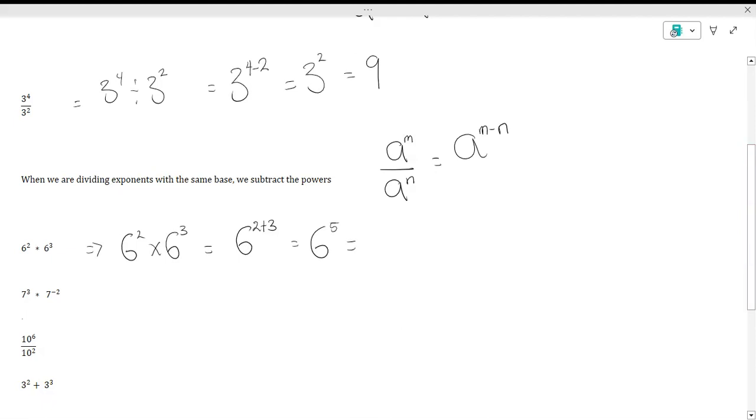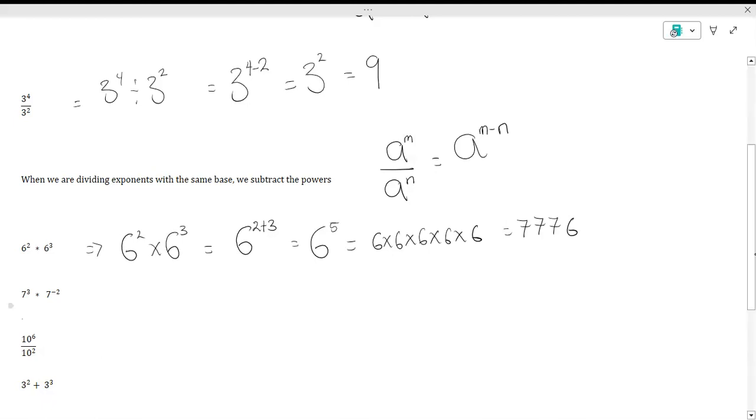You can decide to find it by using 6 times 6 times 6 times 6 times 6. 6 raised to the power 5 is 7,776.